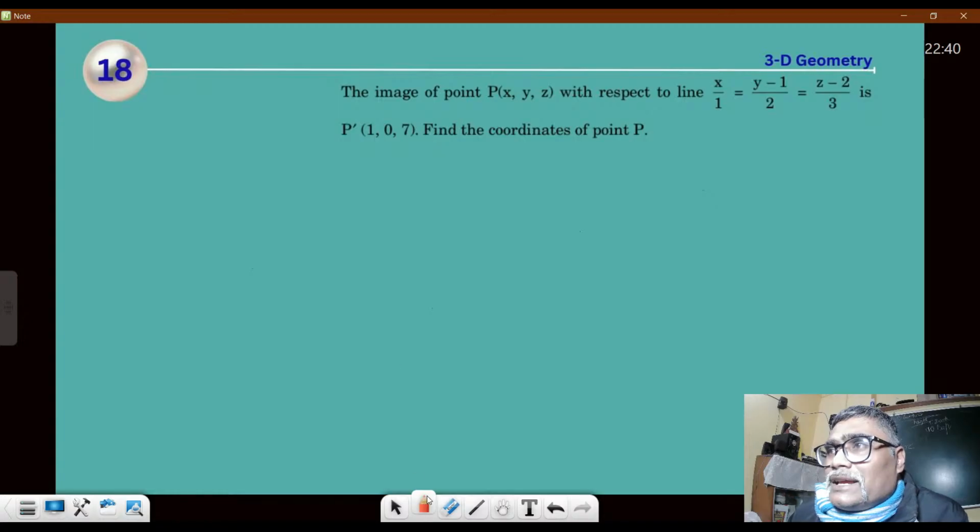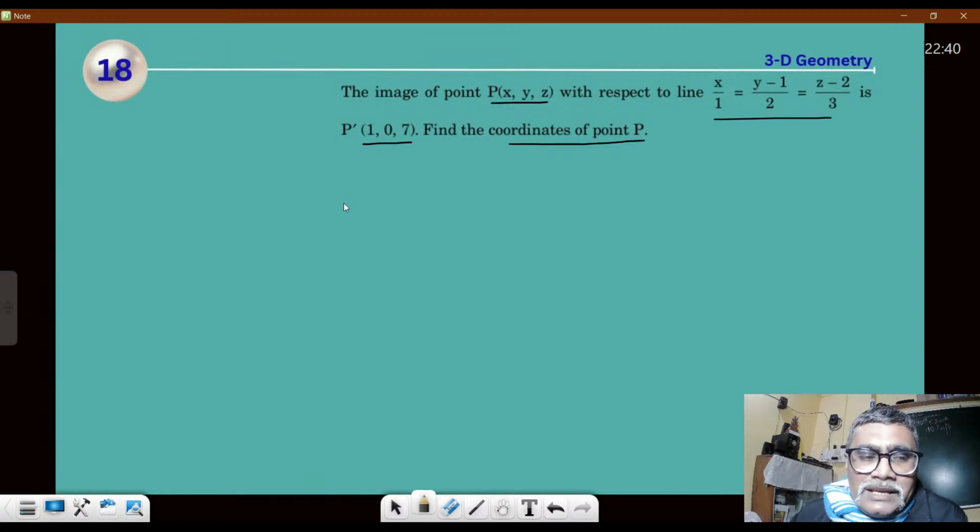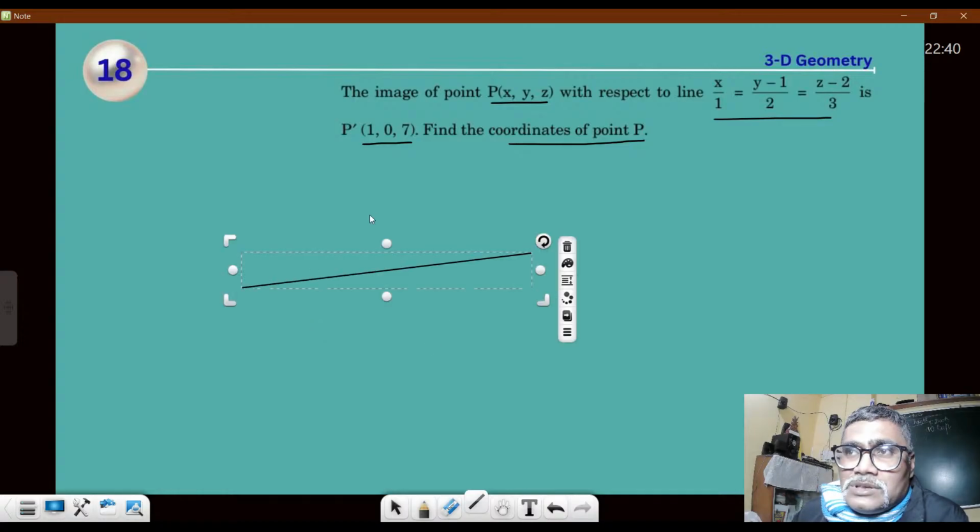Okay, now again you can see the image of the point with respect to this line is P' (1, 0, 7). Find the coordinates of the point P. Now you see, this is actually a trick, nothing else. They are asking you to find the image only, but this time they have tried to play a trick with us.